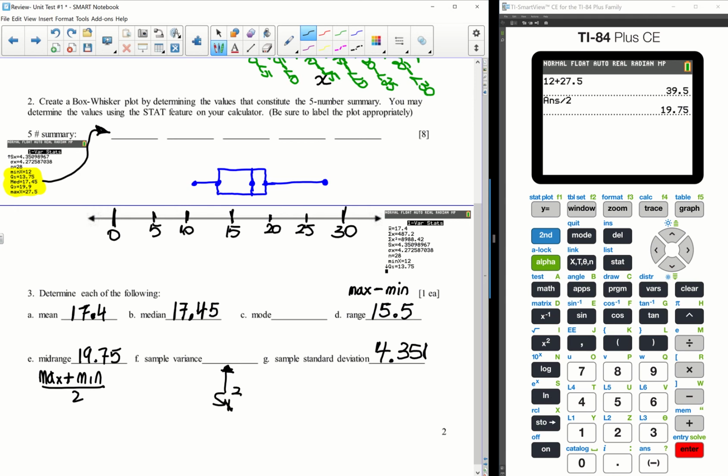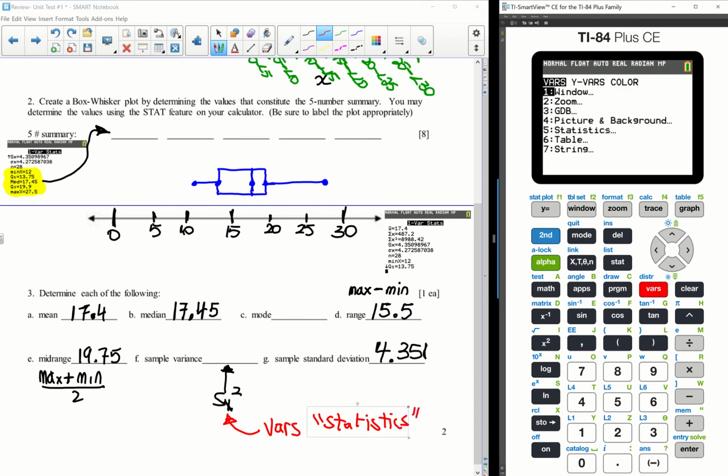All right, and so to get that, we hit vars. And you're going to select statistics, so option 5. I'll write statistics. So vars, option 5, and then you just grab the Sx, that's option 3. All right.